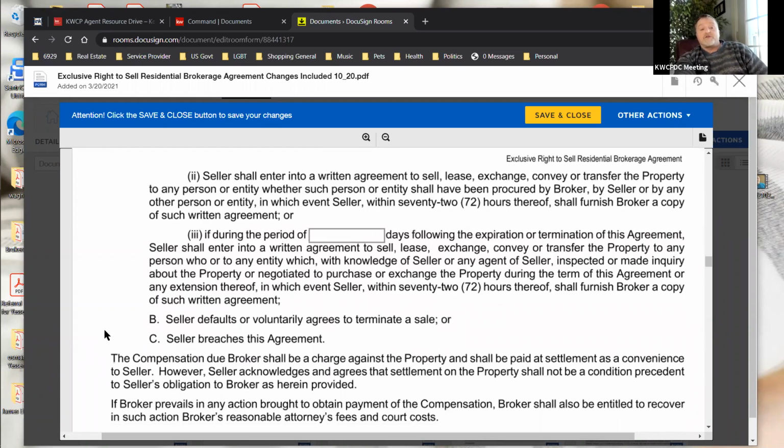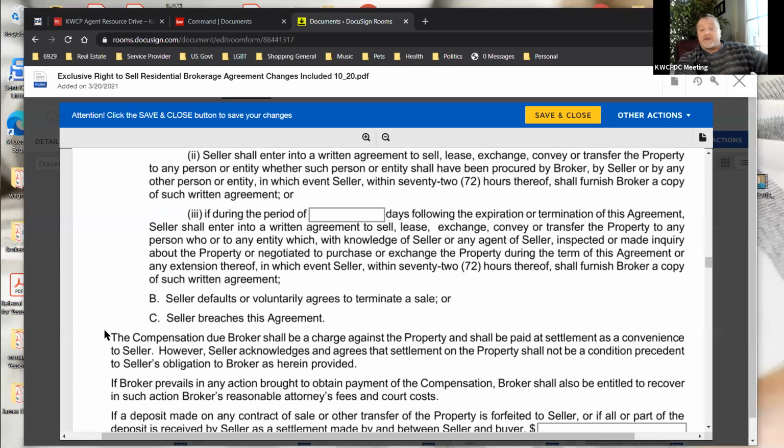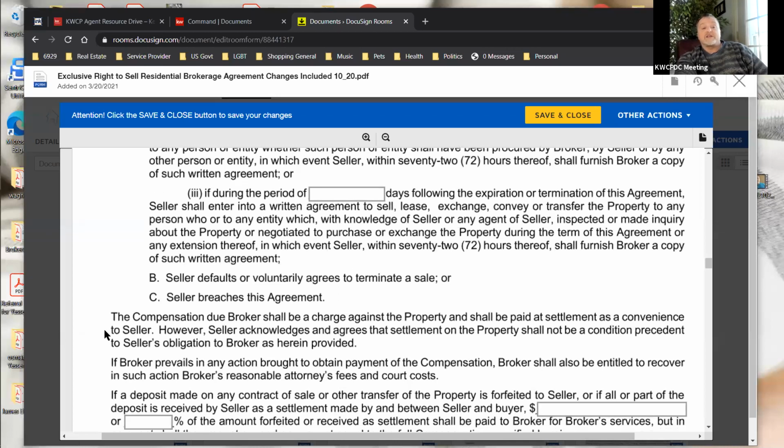Or number 3, if during the period of blank days following expiration or termination of this agreement, the seller shall enter into a written agreement to sell, lease, exchange, or convey or transfer the property to any person or to any entity which, with knowledge of seller or any agent of seller, inspected or made inquiry about the property, or negotiated purchase or exchange of the property during the term of this agreement or any extension thereof, in which event seller within 72 hours thereof shall furnish the broker a copy of the written agreement.